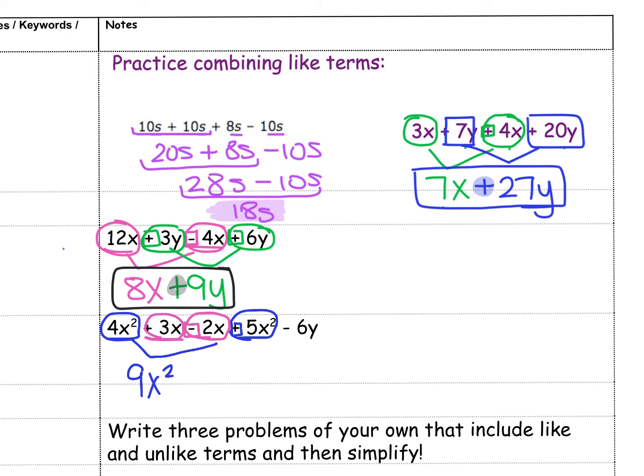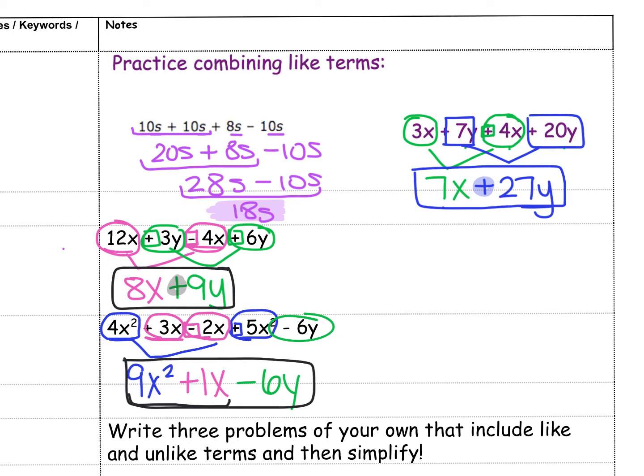So 3 minus 2 is 1x, so I'm going to say plus 1x. And then I see I have a minus 6y. It doesn't have anything to go with, so I just rewrite it, minus 6y. Now just remember, even though these both are x's, one has a power of 2 and one does not, so they're not the same. We cannot put them together. So this whole thing here is my answer.